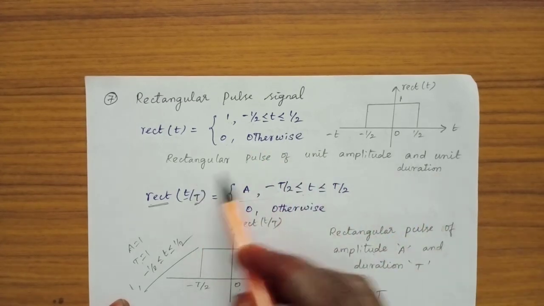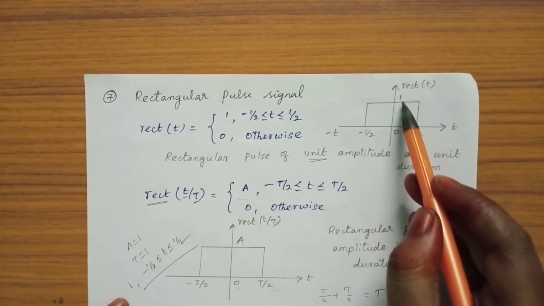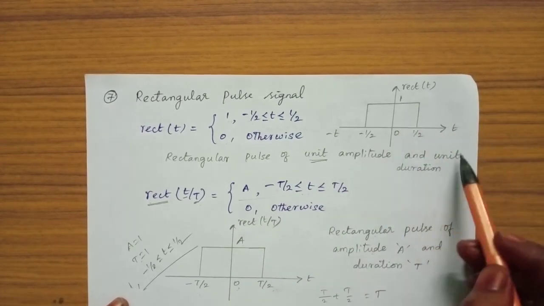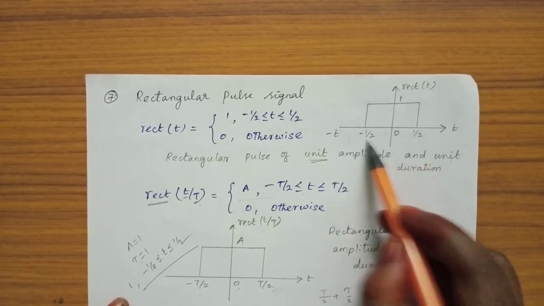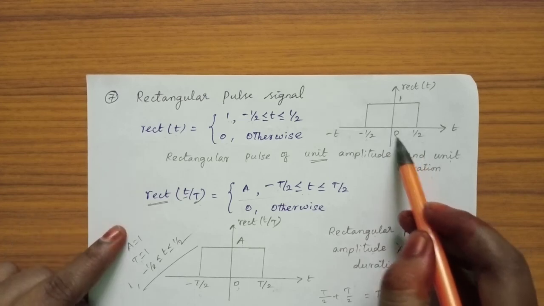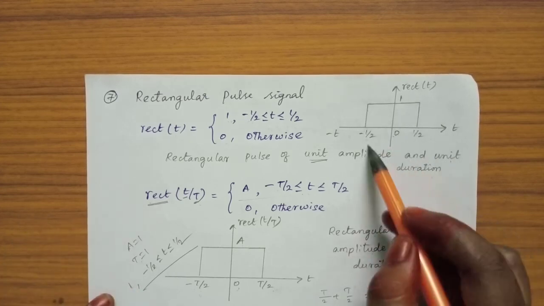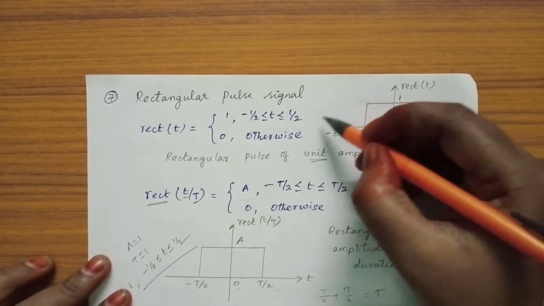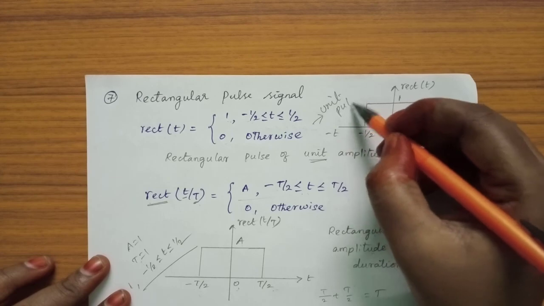This is a rectangular pulse of unit amplitude and unit duration, so totally the duration is 1. From minus 1 by 2 to 0 it's 1 by 2 duration, and from 0 to 1 by 2 it's 1 by 2 duration. Totally 1, T equal to 1. So the signal is called a unit pulse.